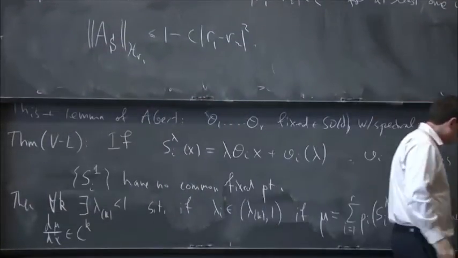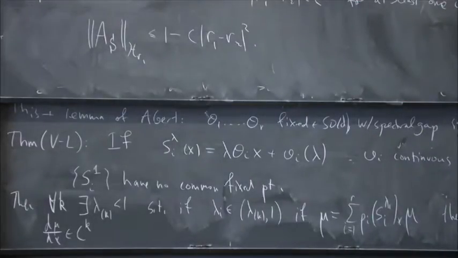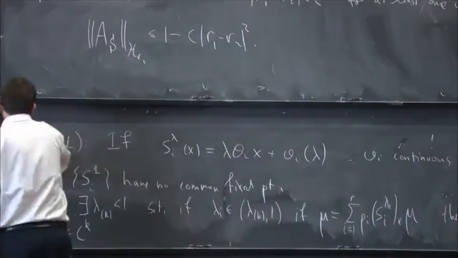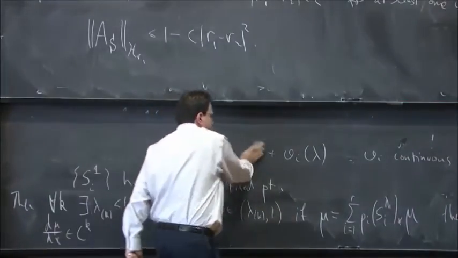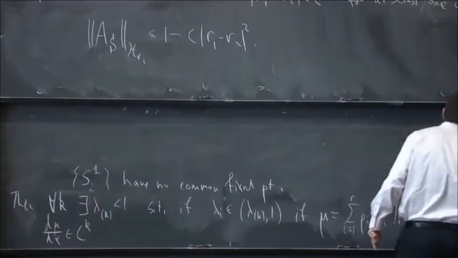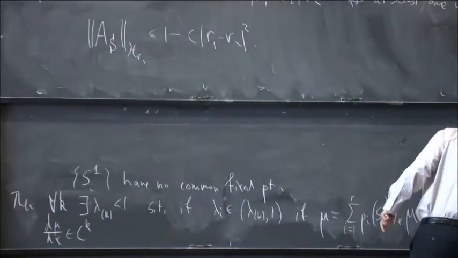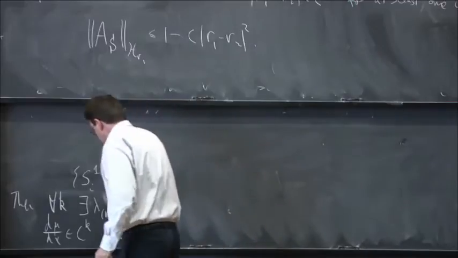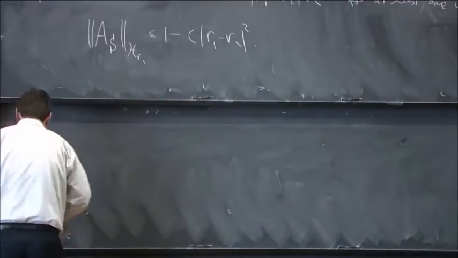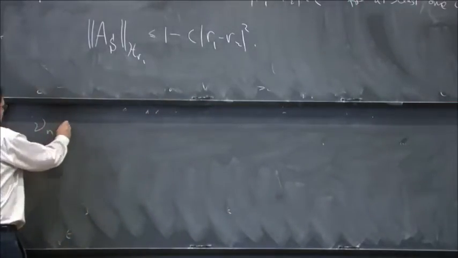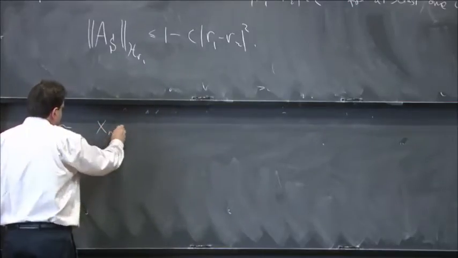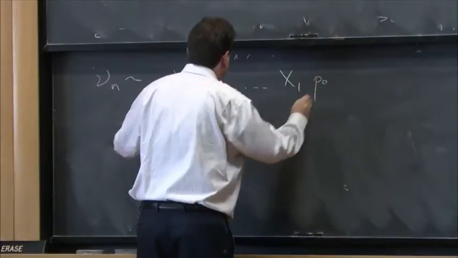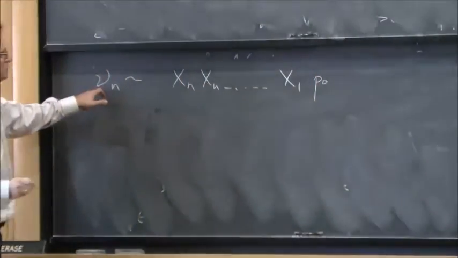And then the non-concentration estimate amounts to, in the end, the following. Let nu_n be the distribution of x_n minus 1 through x_1 times p_0.